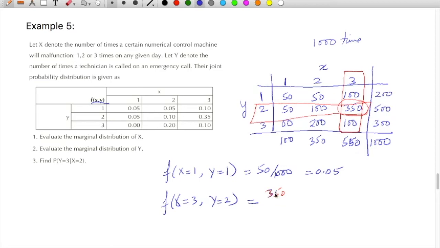350 divided by 1000 gives you the probability of occurrence as 0.35.